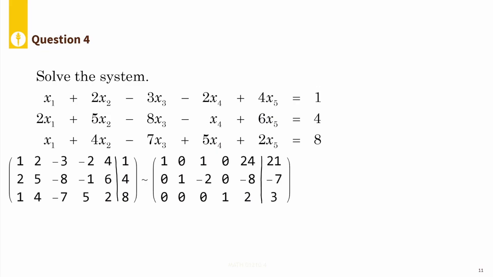X3 and X5. X3 and X5 are the two frees. There is a 1 in column 3, but is it a leading 1? Which means X3 is free. X4 does have a leading 1.